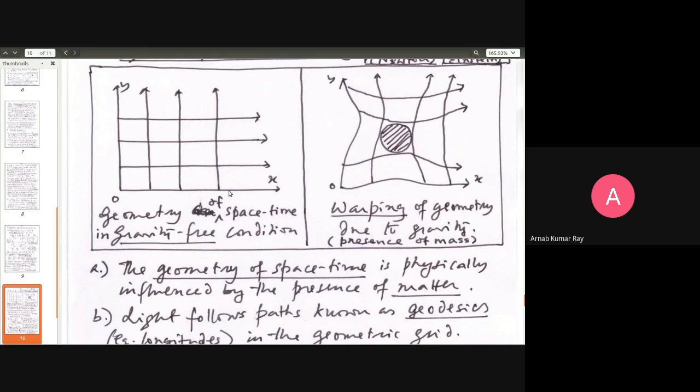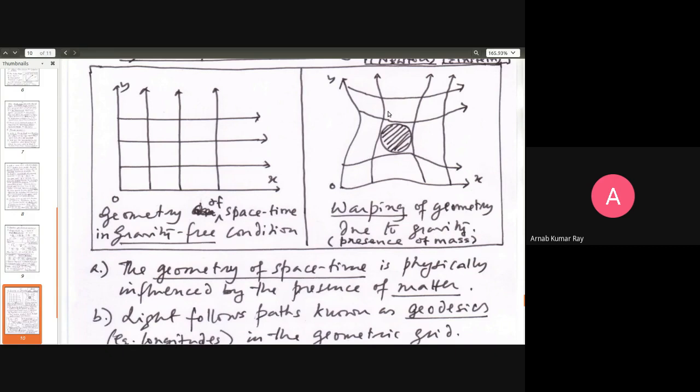However, if it were to have the presence of matter, presence of mass, then the geometry would be distorted, warping of geometry due to gravity. Now don't forget, Einstein also argued that space and time were physical entities and they are in a four-dimensional grid.